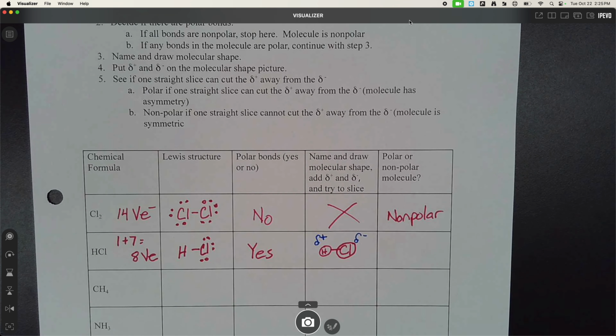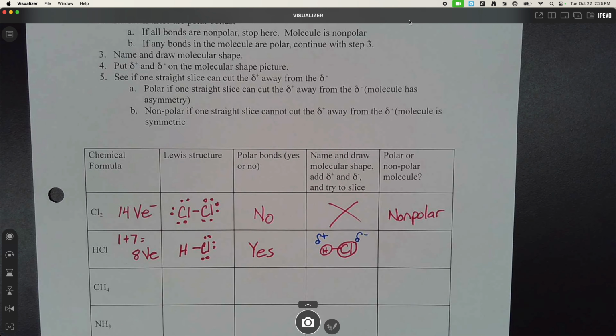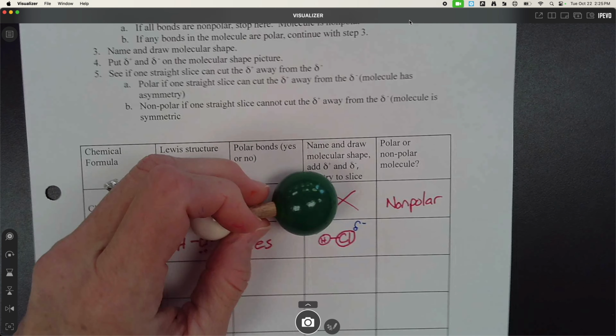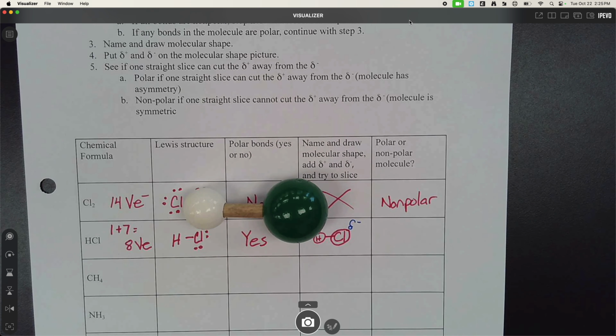So the chlorine is the negative end of the molecule, and the hydrogen is the positive end. And when I build the HCl molecule, I can see that this molecule definitely has ends.